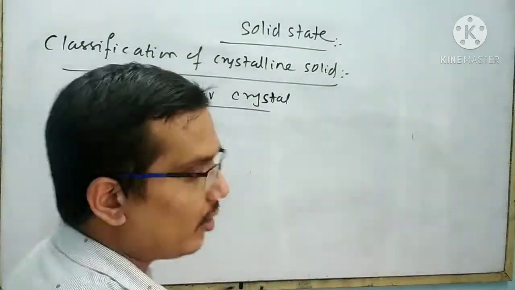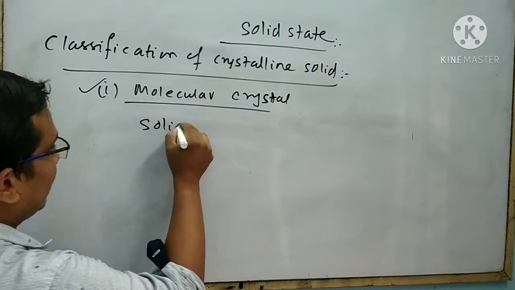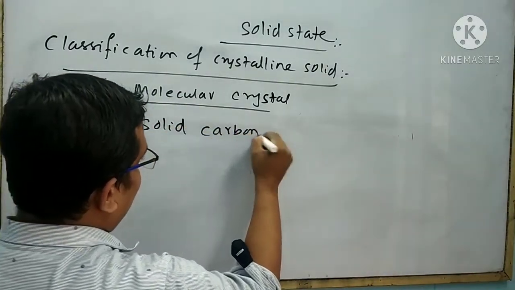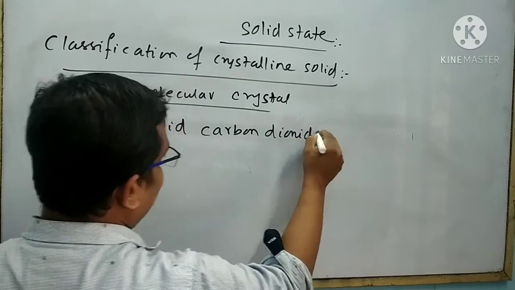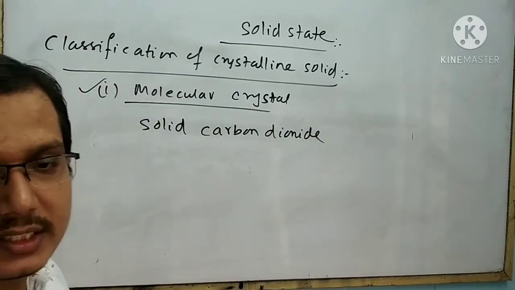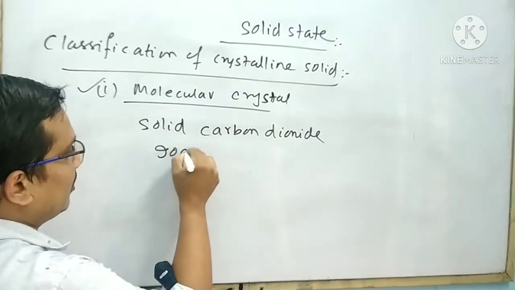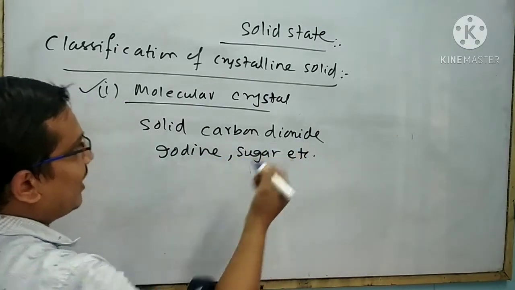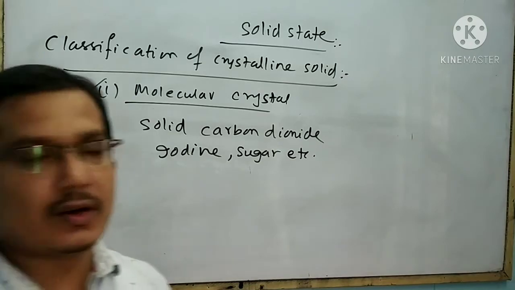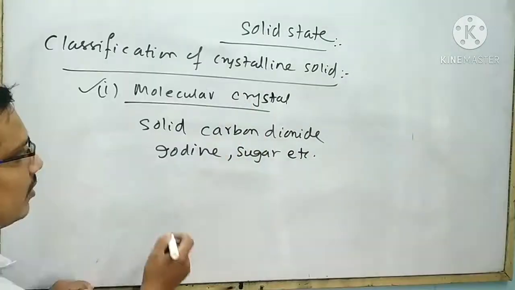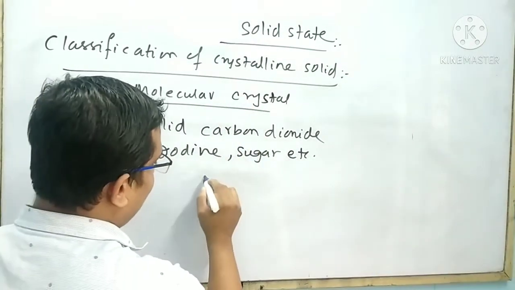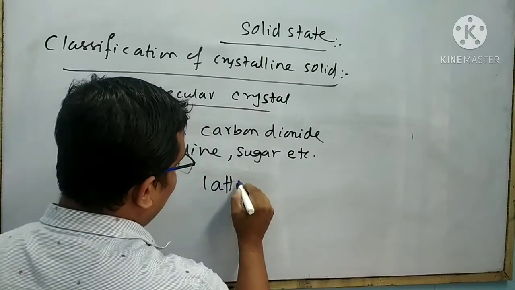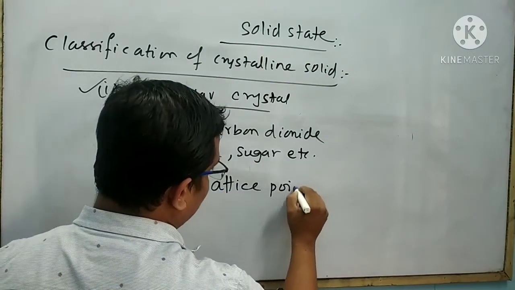For example, solid carbon dioxide. Next example is iodine. Next is your sugar, etc. These are the examples of molecular crystal. Later I will discuss the meaning of lattice point.